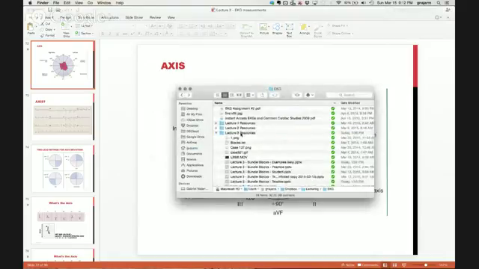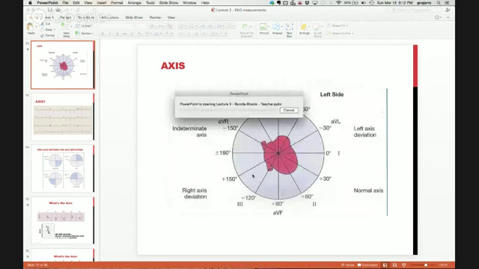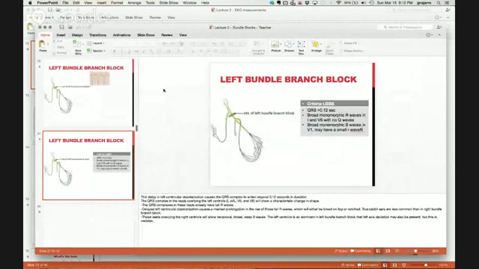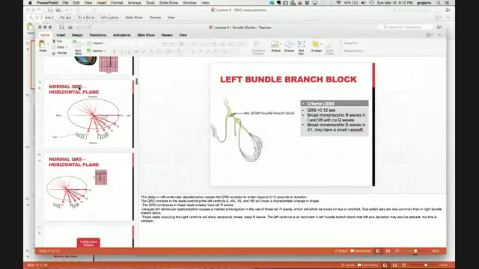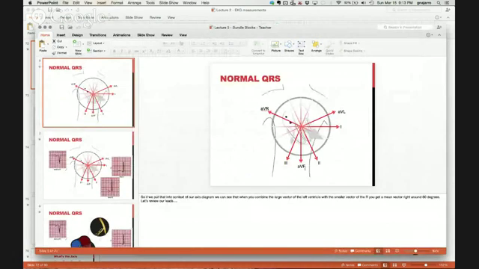So by looking at these two, we can get a sense of which of the 4 quadrants the axis is in. Because we're just looking at this lead and this lead. If it's positive and moving towards both 1 and AVF, then the sum of the vector, if we add up the vector going this way and the vector going this way, the sum would be somewhere in this quadrant.